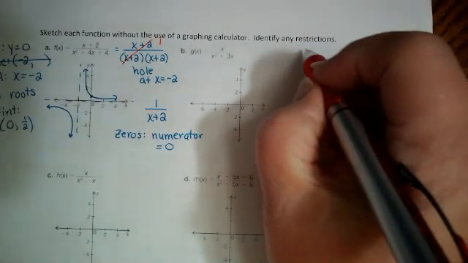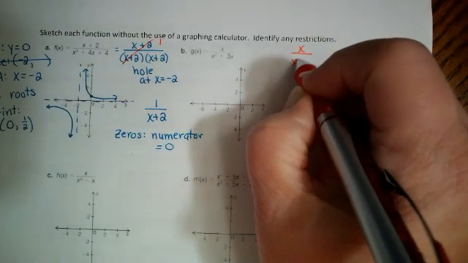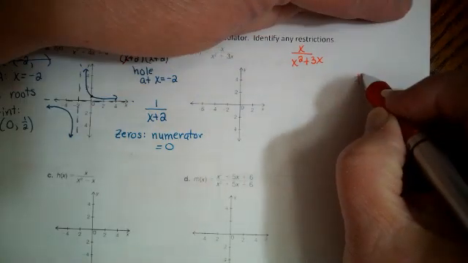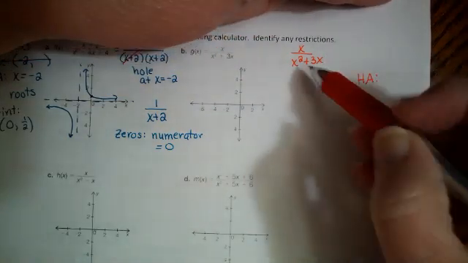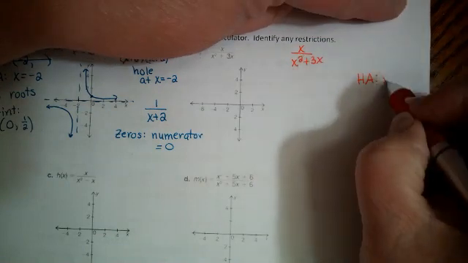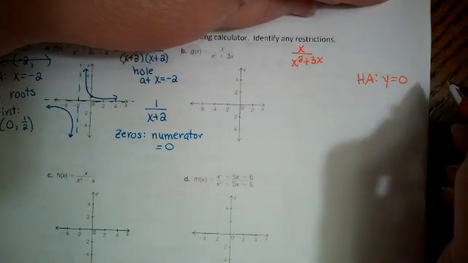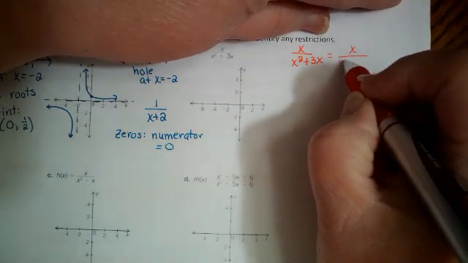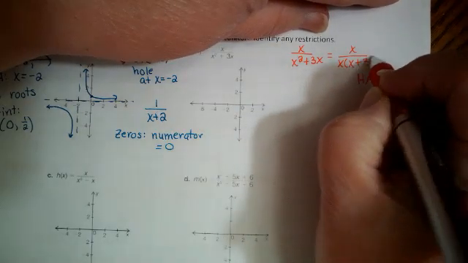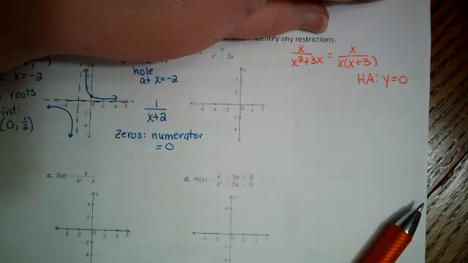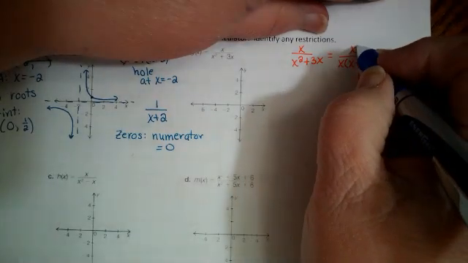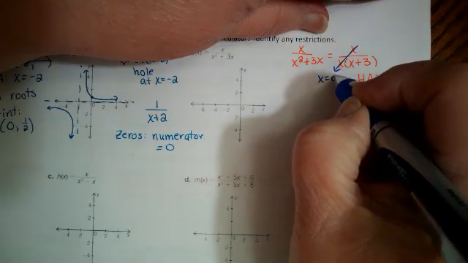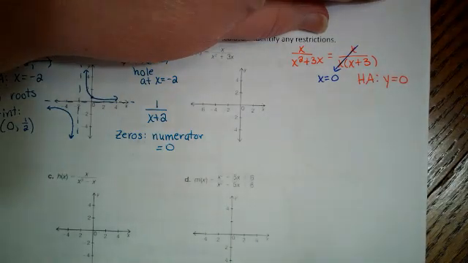We have x over x squared plus 3x. So again, horizontal asymptote, we look for who's got the greater degree. The greater degree is on the denominator, so y equals 0. And let's factor it. My denominator is going to factor to x times x plus 3. And notice I have a common factor that's going to cancel out. There is a hole at x equals 0.